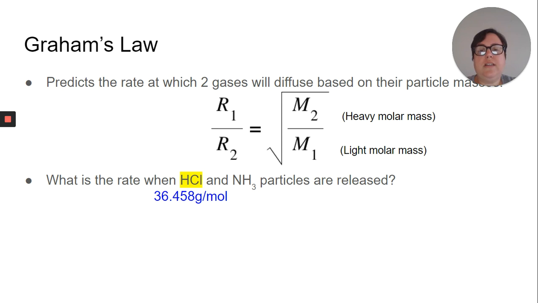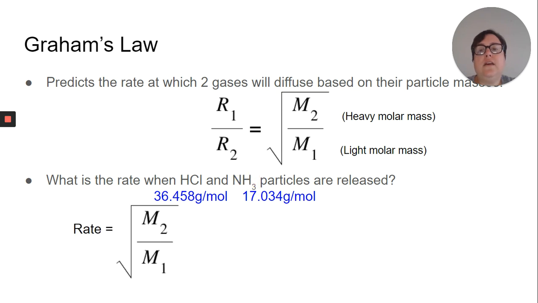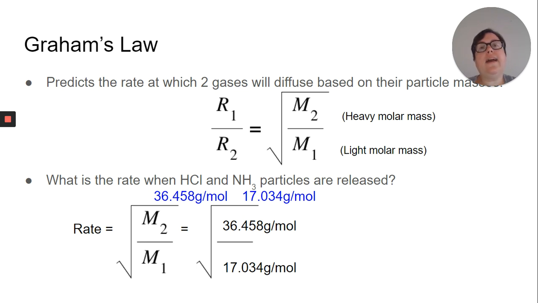NH3, nitrogen and 3 hydrogens, we add together and get about 17. So to find the rate, we're using the square root of their molar masses. The heavier one goes on top. So HCl is going to go on the top, and then ammonia on the bottom because it's lighter. So right away, I know that ammonia should be moving faster than HCl.